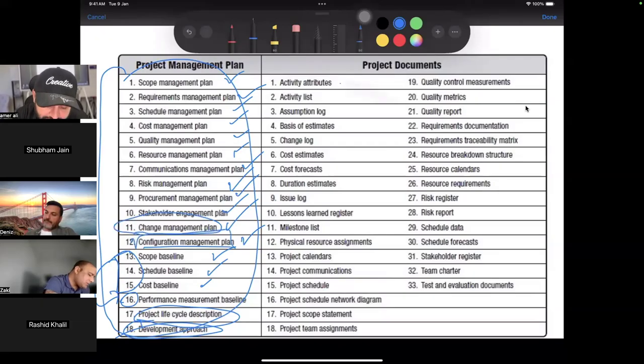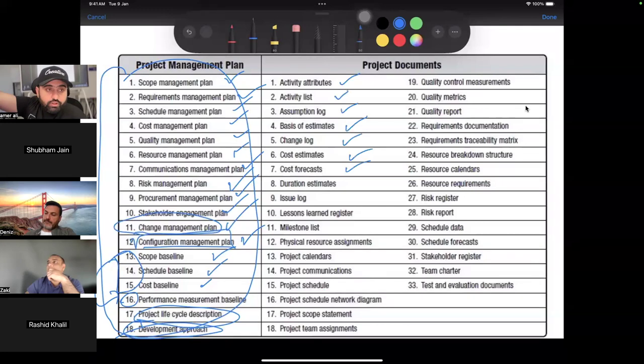We discussed activity attributes, the activity list, and the assumption log. We discussed today the basis of estimates: why we are estimating, what the reason is, expert judgment, focus groups. Change log, cost estimates like analogous and parametric, cost forecast using trend analysis.